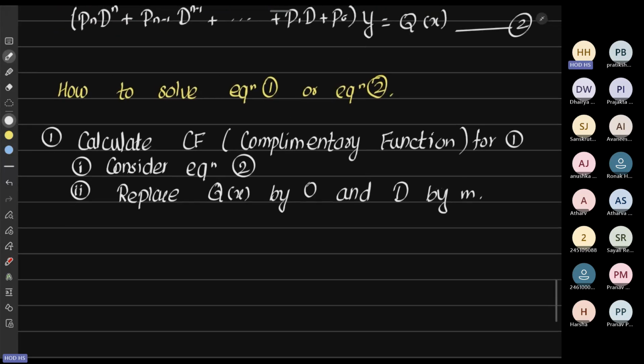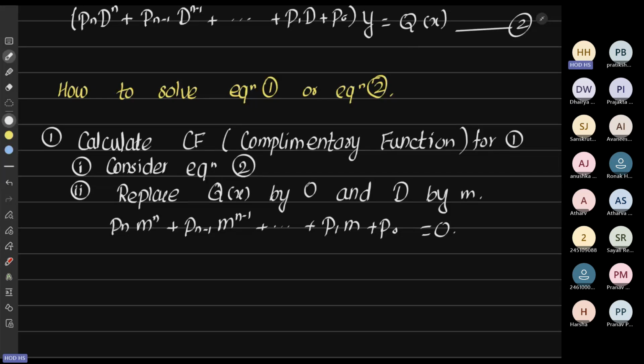So in the above equation, we will get Pn m power n plus Pn minus 1 m power n minus 1, and so on till we get P1 m plus P naught is equal to 0.